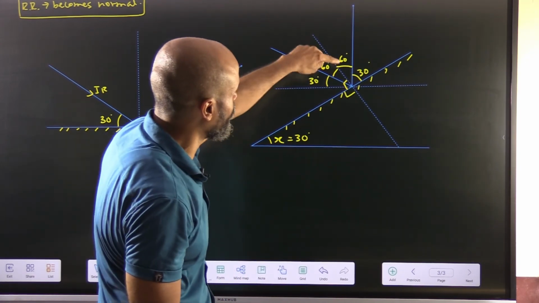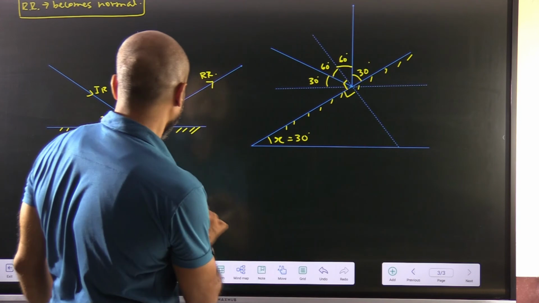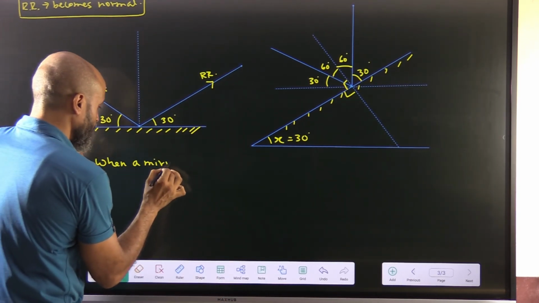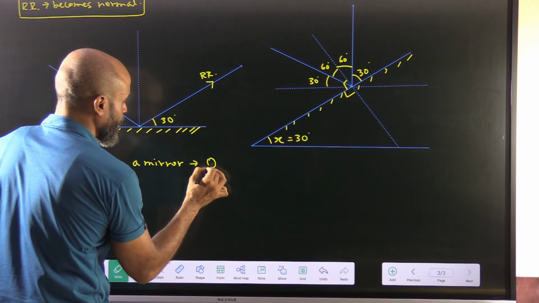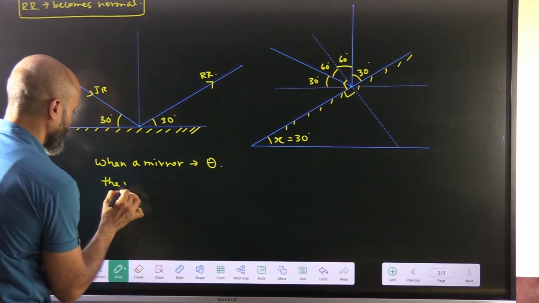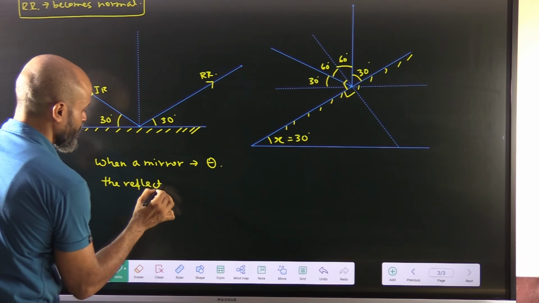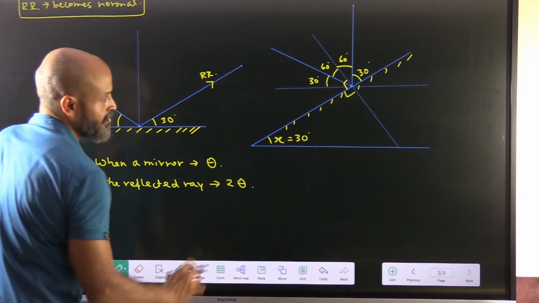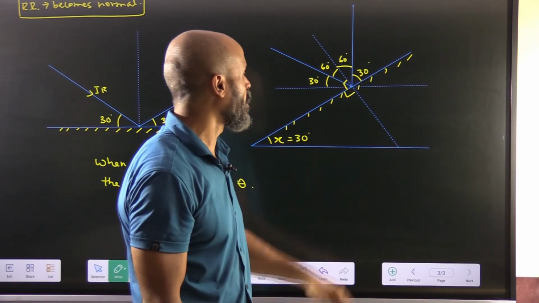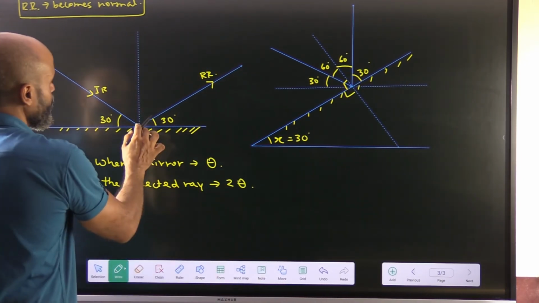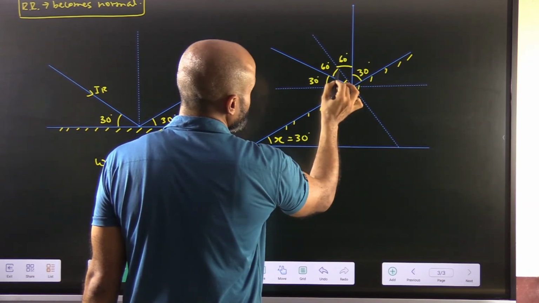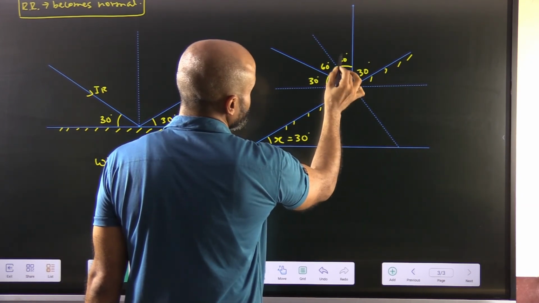See, when a mirror is rotated by an angle theta, the reflected ray rotates by an angle 2 theta. So how much has the reflected ray rotated by? In this case, look at the angle of reflection. This was 30. Now what is the angle of reflection? It is 60.